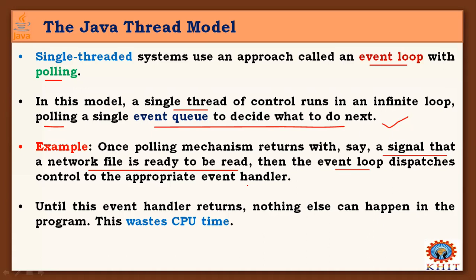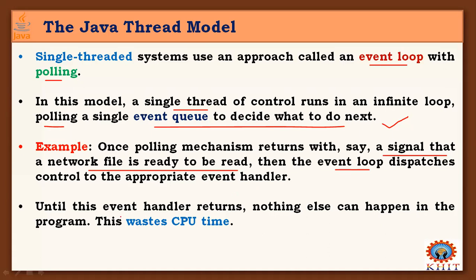Here all of this is based on the single threaded model, so when the file is ready, based on that we need to select one event handler for taking a proper action called the read operation. All of these are single handlers, but here there is a severe problem.